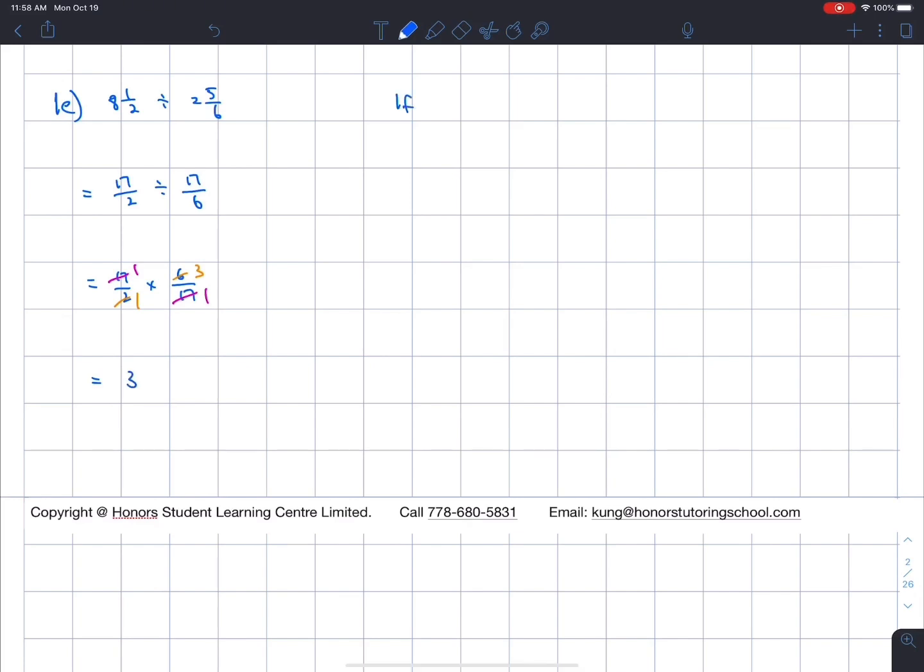1F. 5 and 1/3 divided by 3 and 5 over 9. 5 times 3 is 15 plus 1 is 16. 9 times 3 is 27. 27 plus 5 is 32.